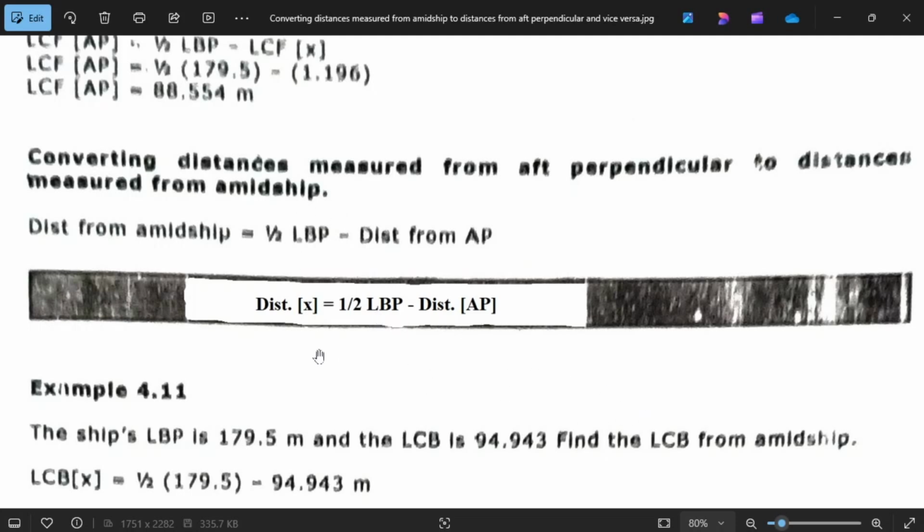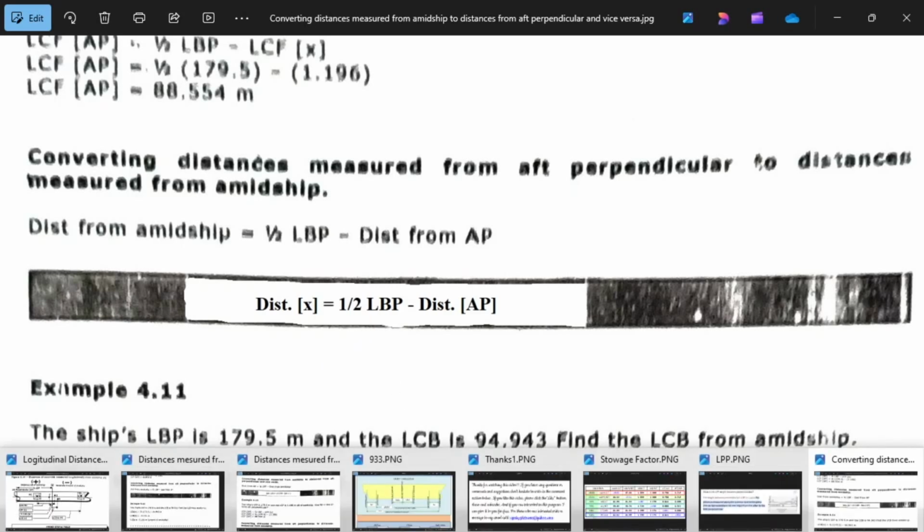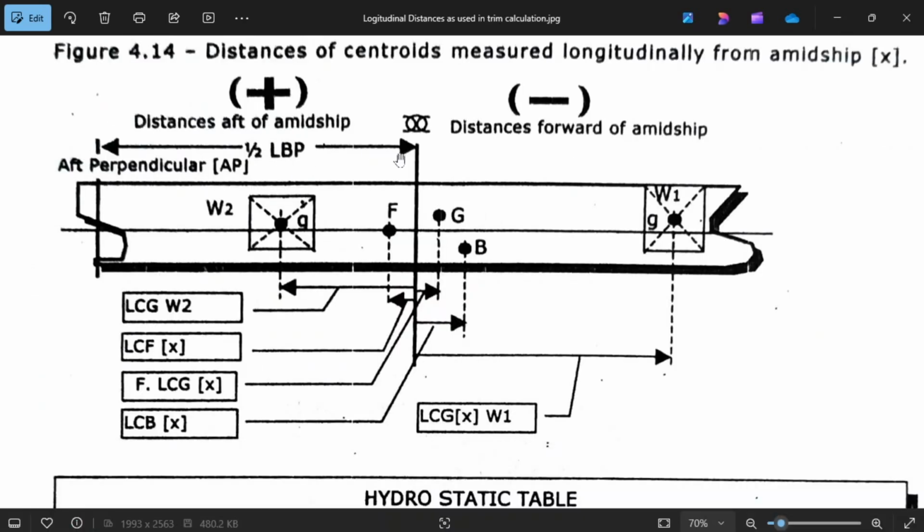Okay? What does this mean? If this is your 1/2 LBP, and it will be the other way around from distance up to the weight, what will be your LCF here from this one going to your forward reference point?